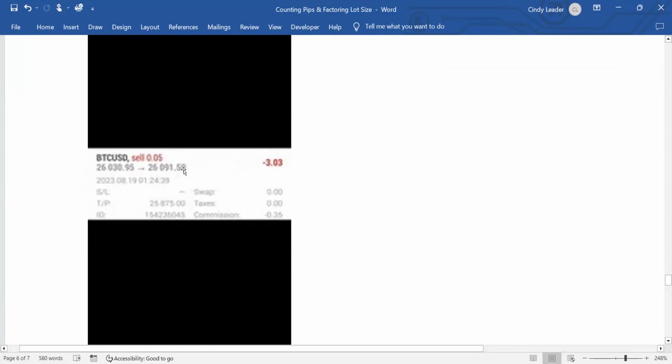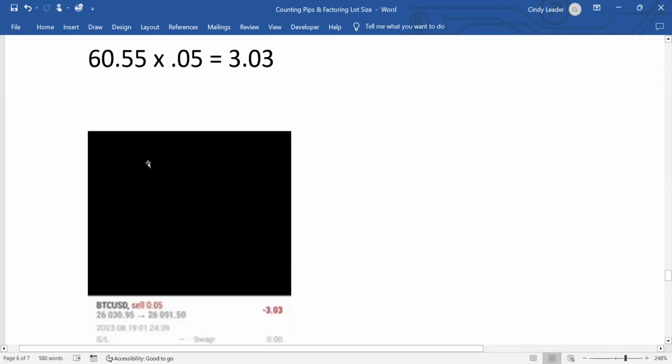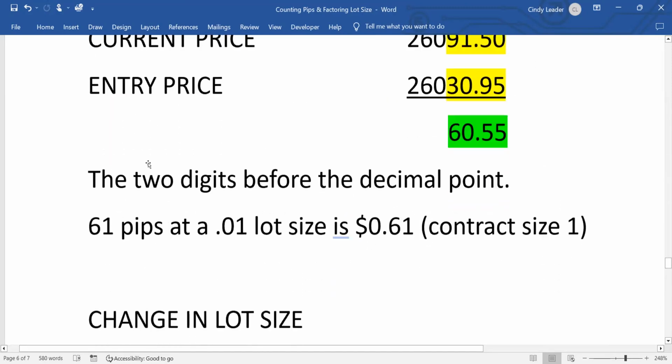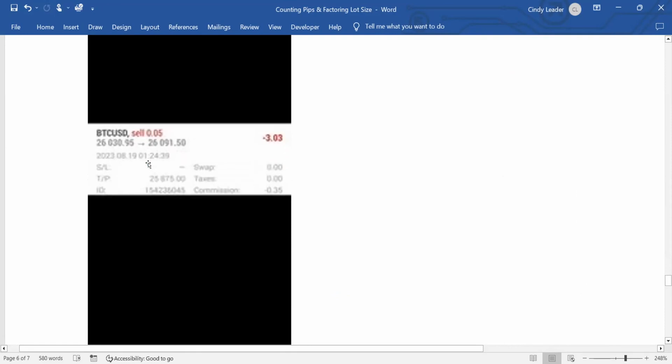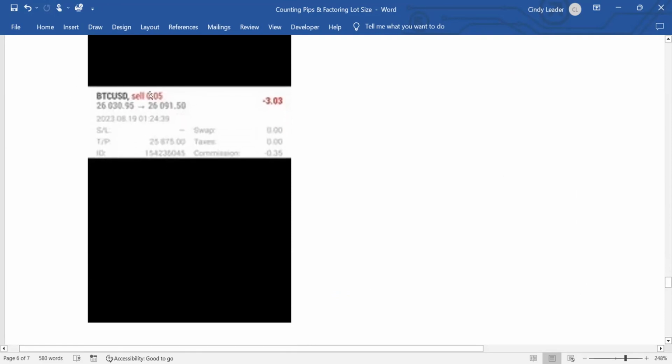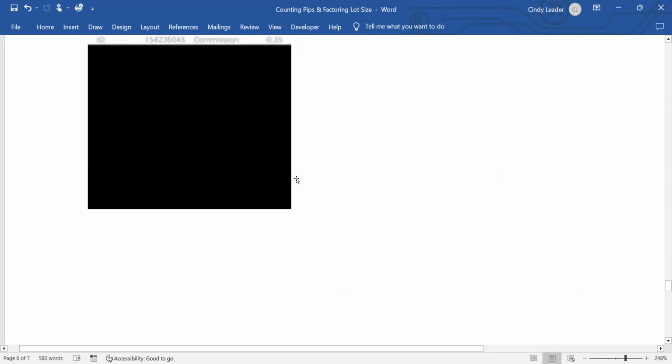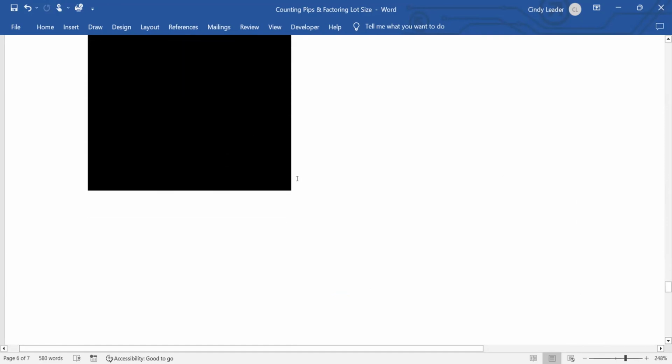I entered here. I didn't reach my TP yet. I just took a screenshot for you, and I was down, right? I was down because I was in a sell. When I looked up here, I was taking the difference like it was a buy, but I was in a sell. So I was actually down 303 because this is a 0.05. You just have to look at the numbers, go slow, understand what's going on. We did that.